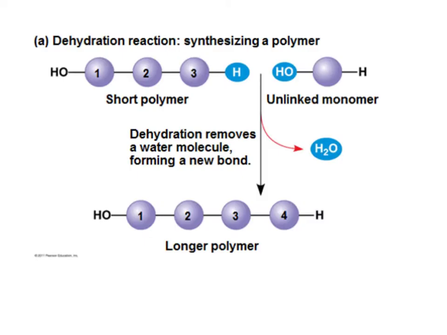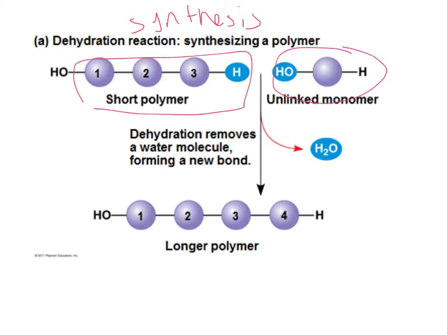Our first example here is a dehydration reaction, or what is sometimes called a dehydration synthesis, because it's making something new. I'm synthesizing something. With my dehydration reaction here, I've got my unlinked monomer, and there's my short polymer. I dehydrate, or remove, a water molecule, which allows these two to bond.